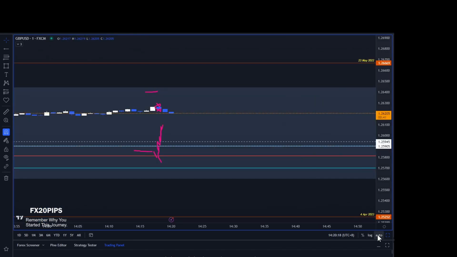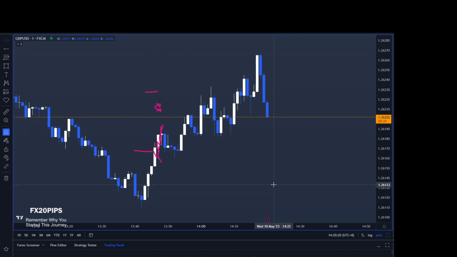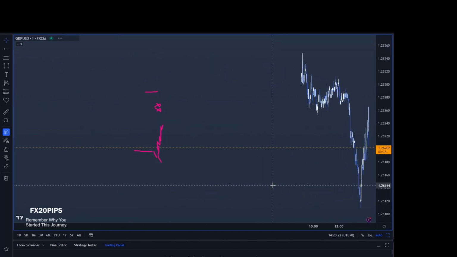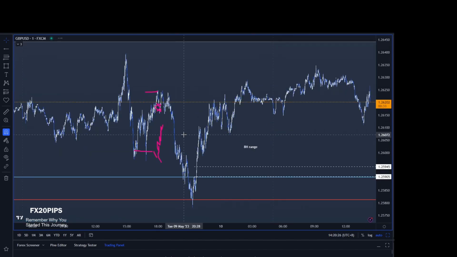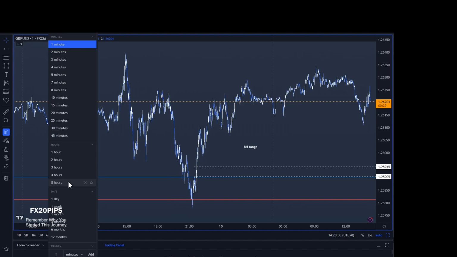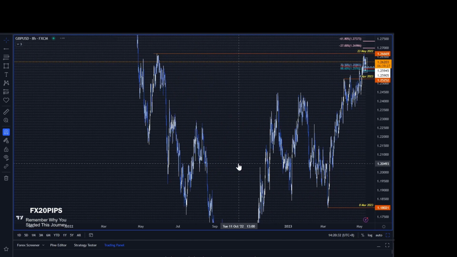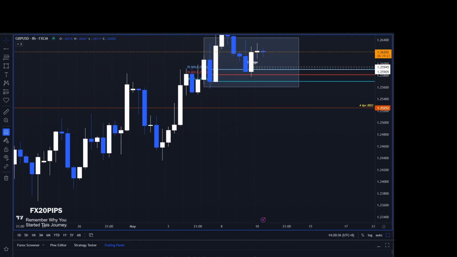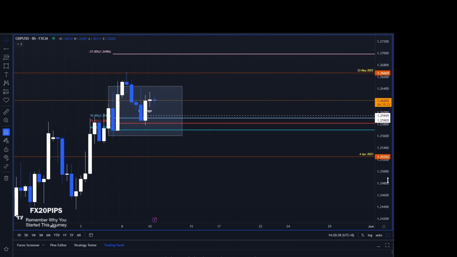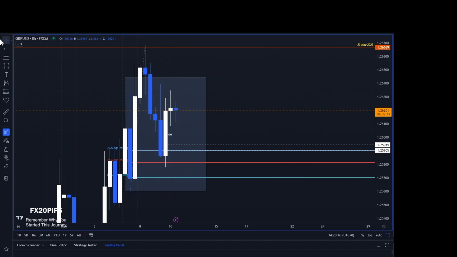So you go back to the 1 minute. Just hang on. So 8 hours. Go back to the 8 hours. The high of this previous candle was here. Let's put it red.